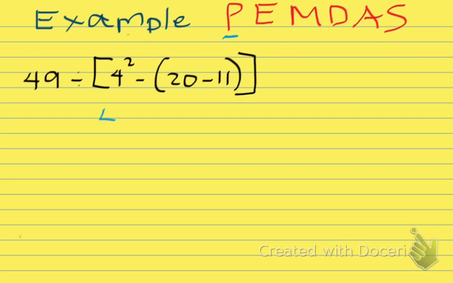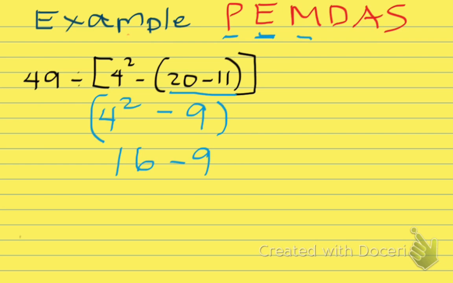So we will write down 4 squared minus 20. So solving 20 minus 11 equals 9. So instead of writing 20 minus 11, we'll just write the answer. So 4 squared. So our exponents next. 4 squared, 4 times 4 equals 16 minus 9.